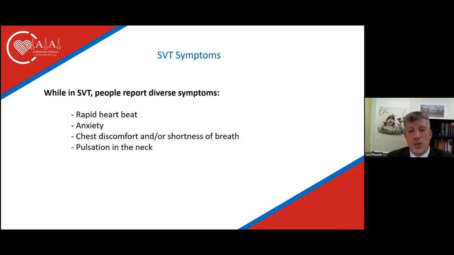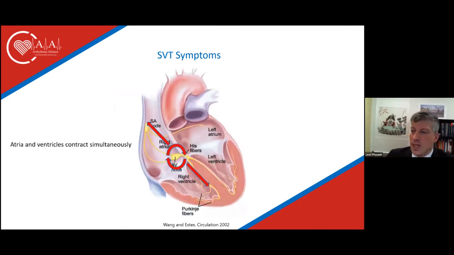And because of where that circuit sits, it leads to simultaneous contraction of the upper and lower chambers of the heart, as we're seeing once again in this diagram. And when the upper and lower chambers beat at the same time, you have not just a faster heart rate, but again, as I mentioned earlier, an abnormal sequence of events.